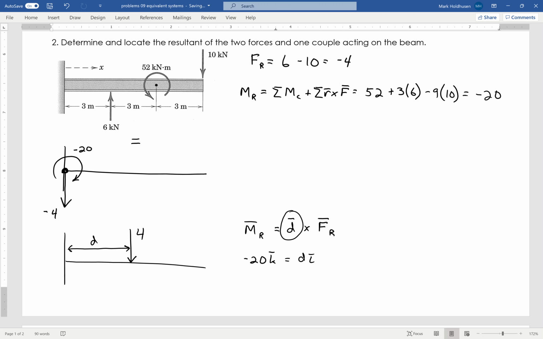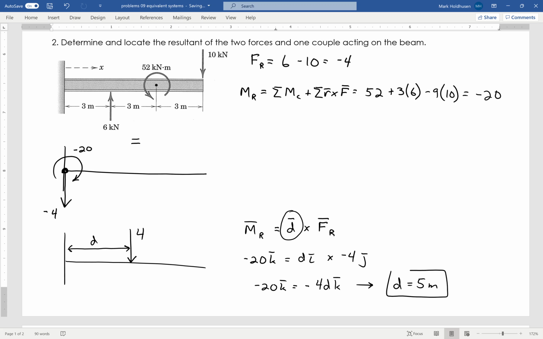And then I have FR, which is crossed with -4 in the J direction. Okay, so then what I get here is -20K equals, well, I'll do it this way, -4 times D in the K direction. And from that, I can find that D needs to equal 5 meters.